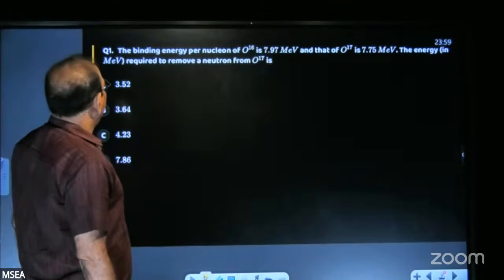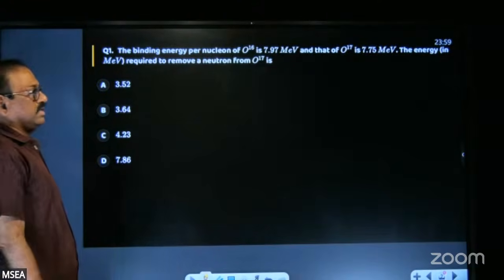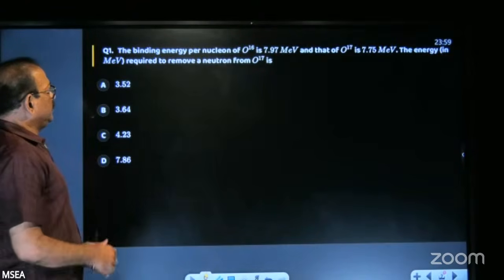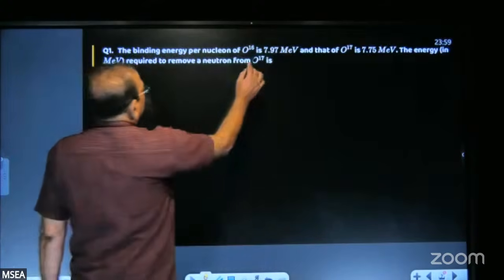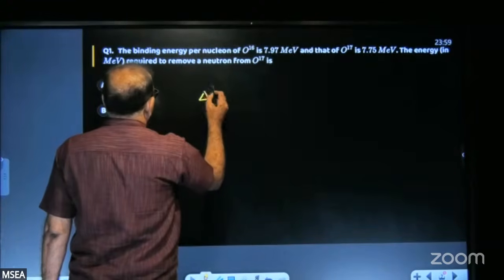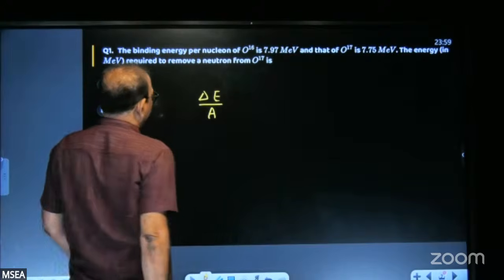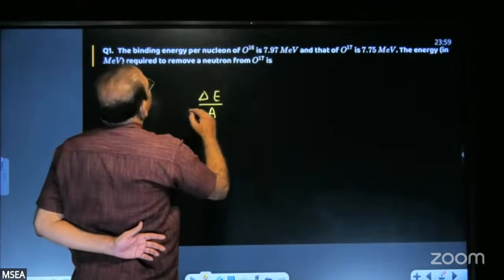Now, coming to problems, see the first problem. The binding energy per nucleon of oxygen 16 is 7.97, that is delta E by A, binding energy by mass number, average binding energy.